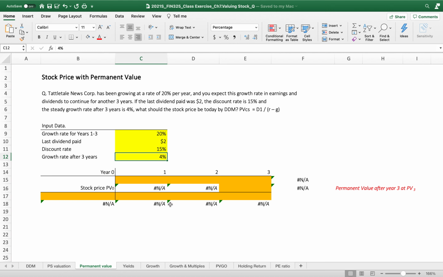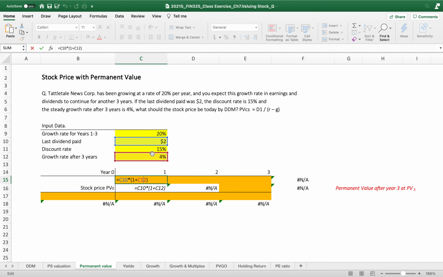So let's calculate the dividend of year 1 first. How to get it? So $2 times 1 plus growth rate, 4%, so we have 2, oh sorry, it's not 4%, it's 20%, right?